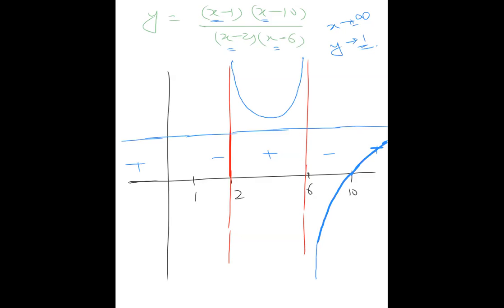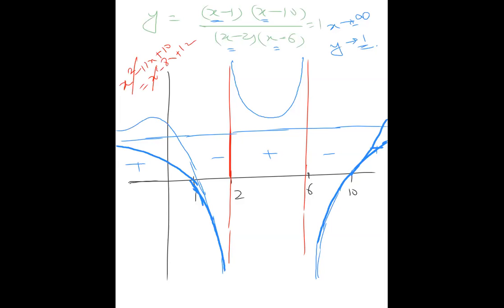At 2 it's coming from minus infinity, goes at 1, and maybe this will cross this thing and go there. And maybe from the right side again it goes there and crosses y equal to 1. That we can decide after putting the value y equal to 1. When we put y equal to 1, see what I'm getting: x square minus 11x plus 10 is equal to x square minus 8x plus 12.